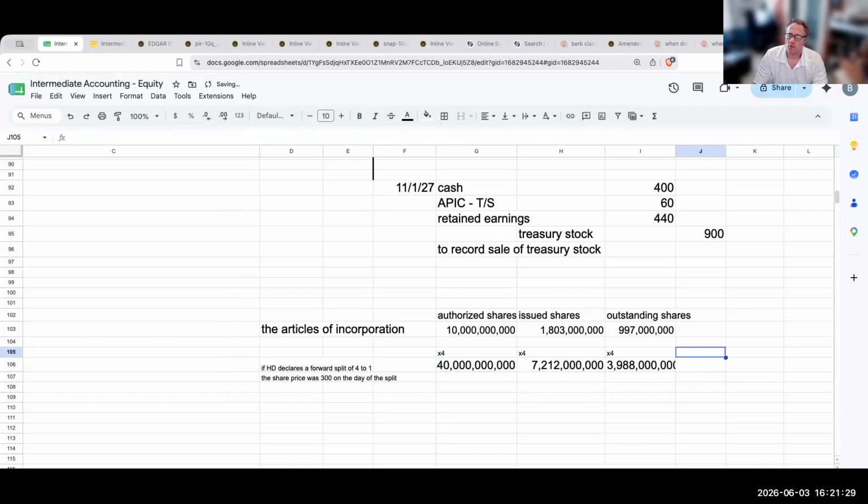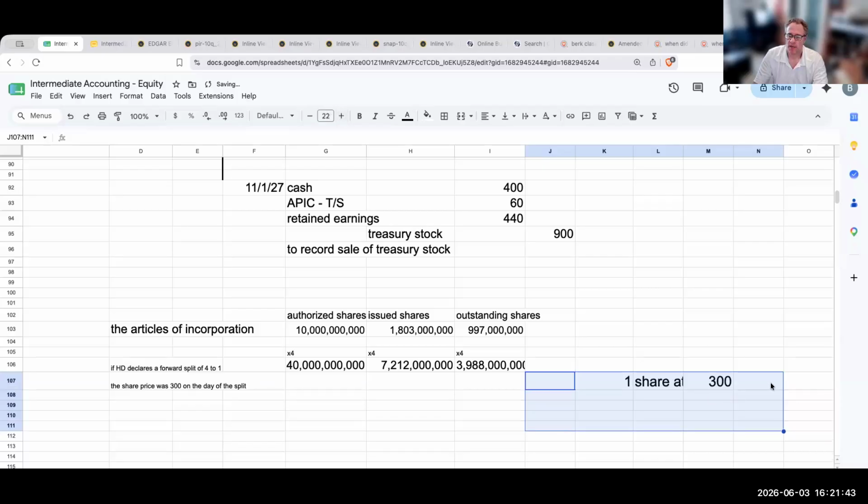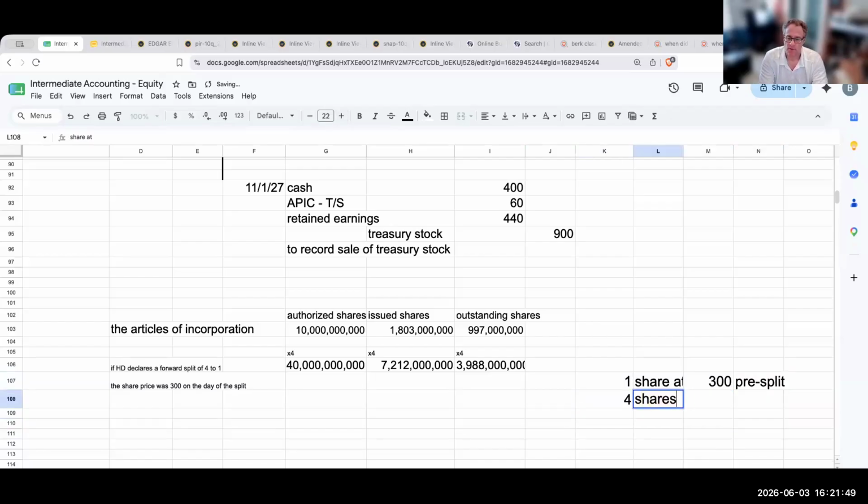Now, my shareholder owned one share at 300. Post split, they're now going to own 4 shares, but there's going to be a market adjustment.